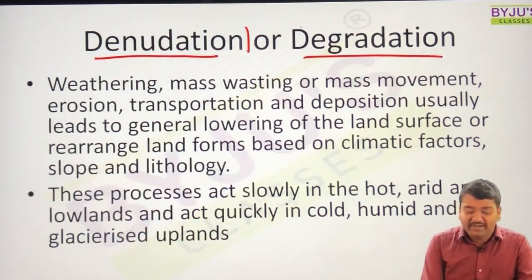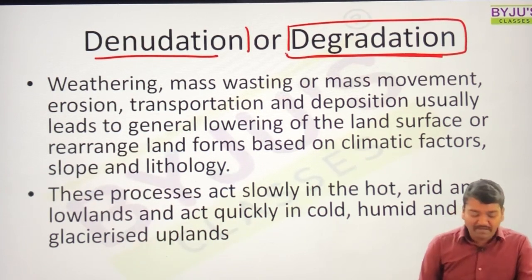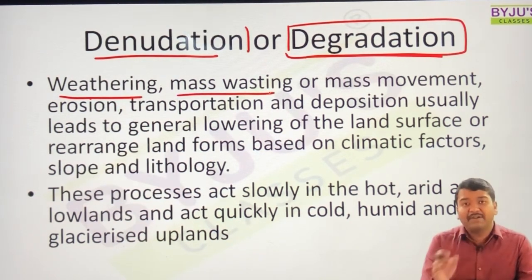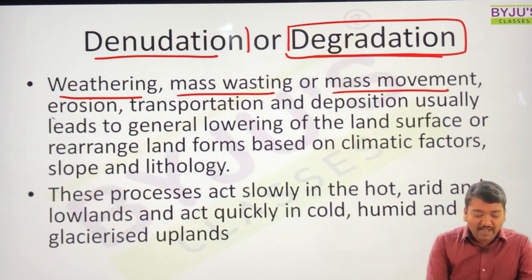When we say denudation, it is also equal to degradation. What does it mean? Weathering at that place, where the rocks are getting disintegrated or breaking into small pieces. Mass wasting, where they are being transported due to gravity; mass movement is one and the same.